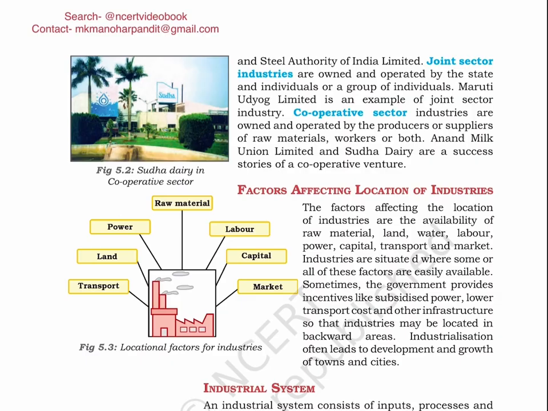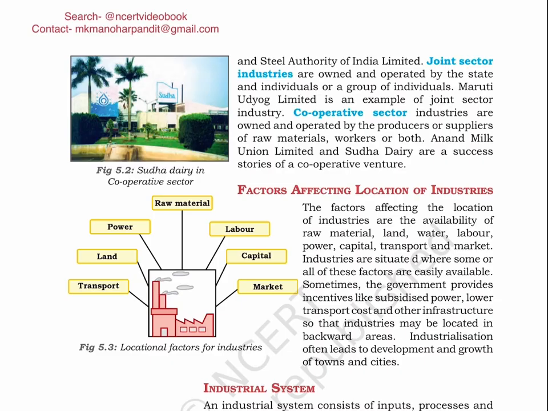Industries are situated where some or all of these factors are easily available. Sometimes the government provides incentives like subsidized power, lower transport cost, and other infrastructure so that industries may be located in backward areas.